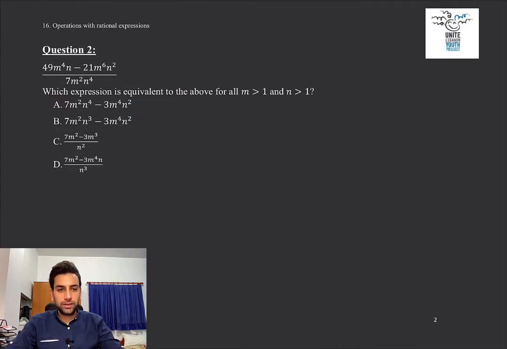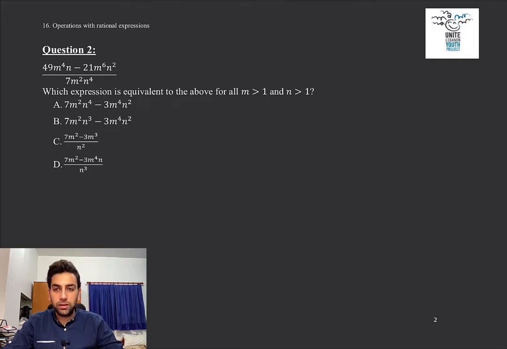Now let's do our next exercise. Which expression is equivalent to the above for all m greater than 1 and n greater than 1? We chose here m and n to be greater than 1 such that we don't have problems with the denominator being equal to 0. Now, in this expression, what we need to do is to factor out the numerator and the denominator.